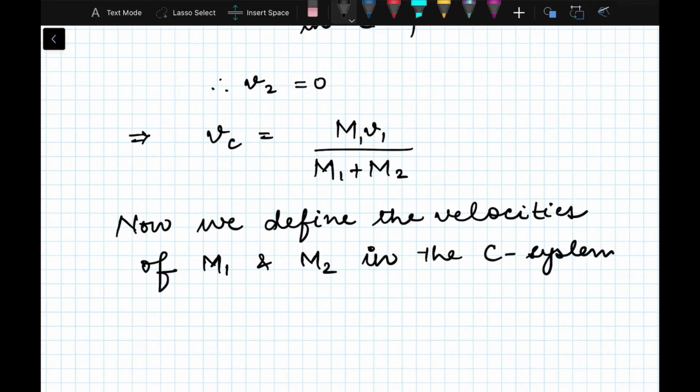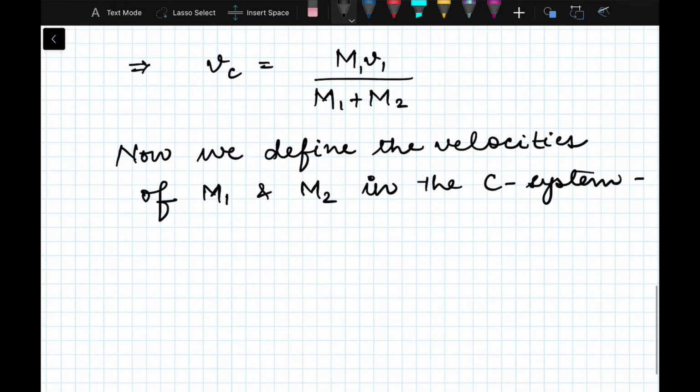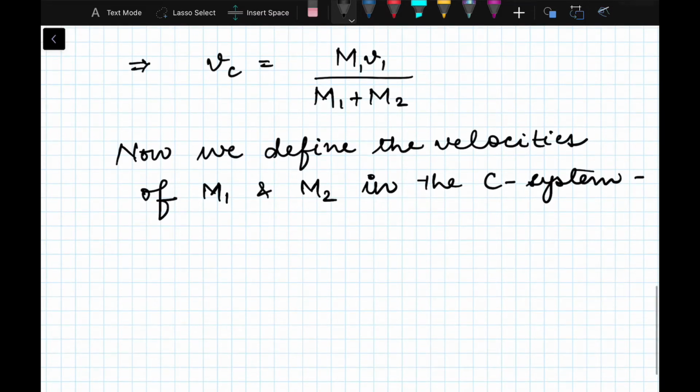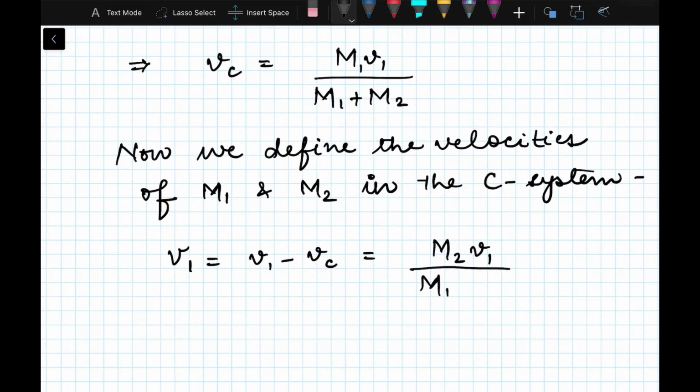We already know what formula we are going to use. The formula will be capital V1 is equal to small v1 minus Vc, which will be equal to m2 v1 over m1 plus m2.